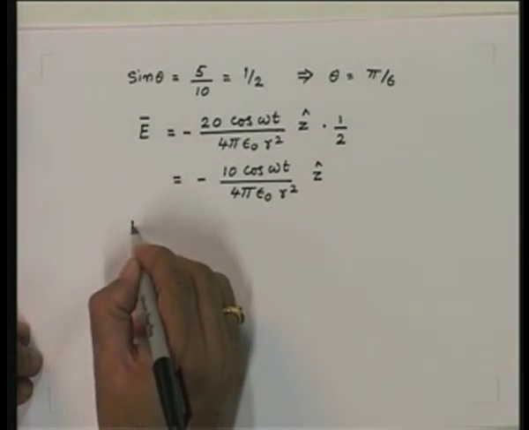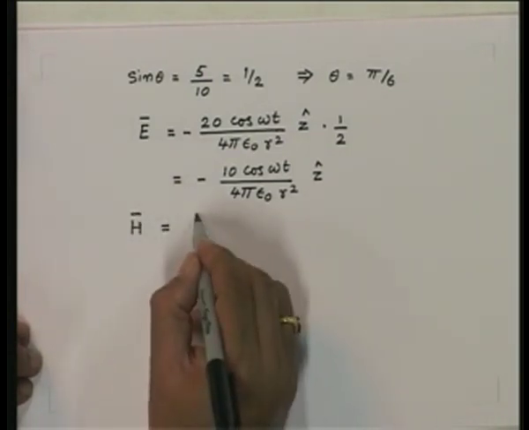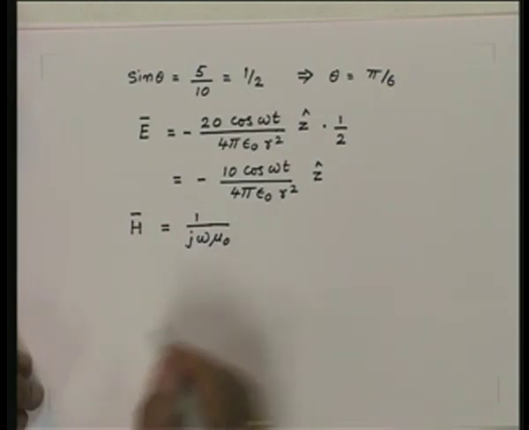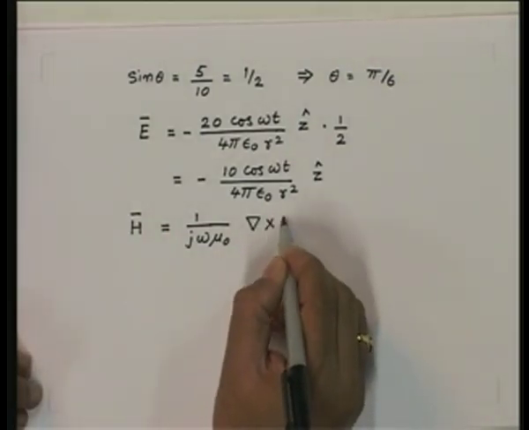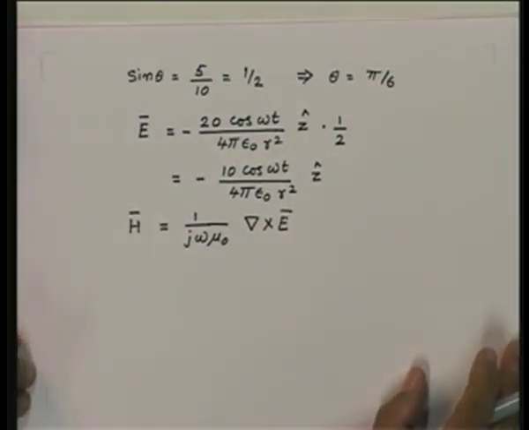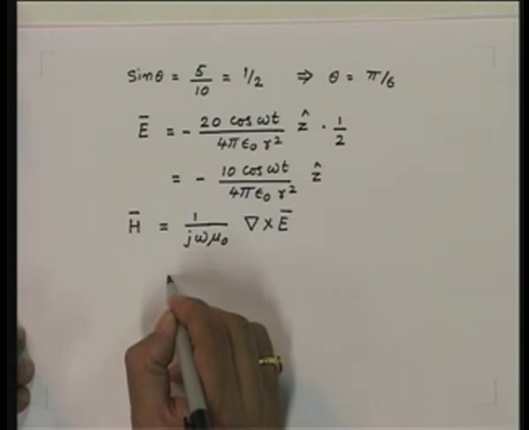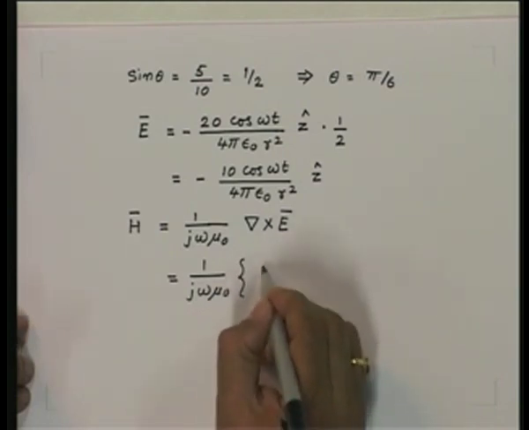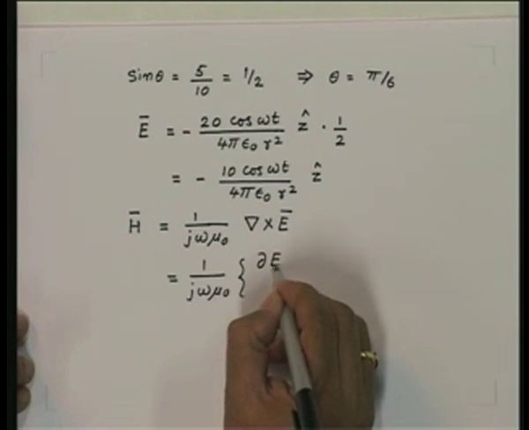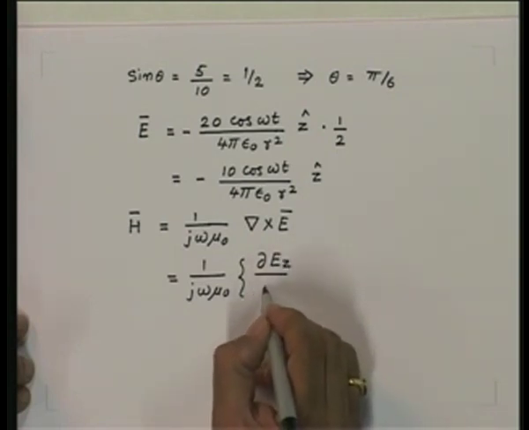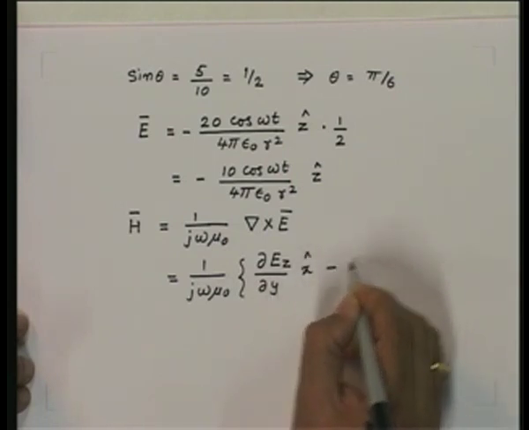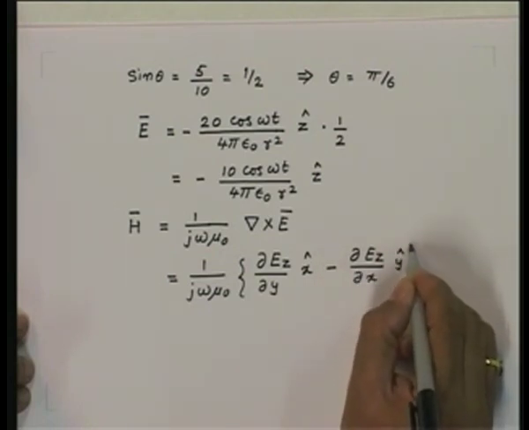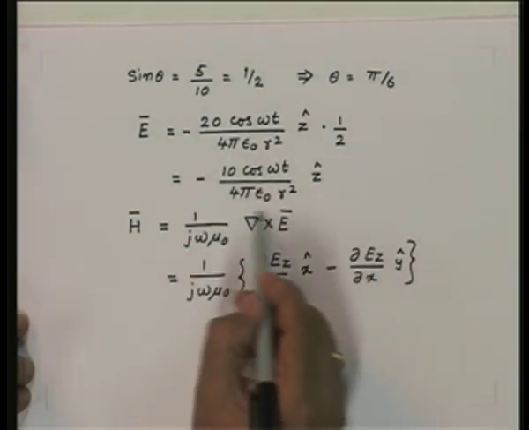So, essentially we get now H, which is 1 upon j omega mu naught, where mu naught is the permeability of the medium, times del cross E. So, if I write down the curl for this, that will be equal to 1 upon j omega mu naught times dEz by dy x cap minus dEz by dx y cap, where Ez is this quantity here.